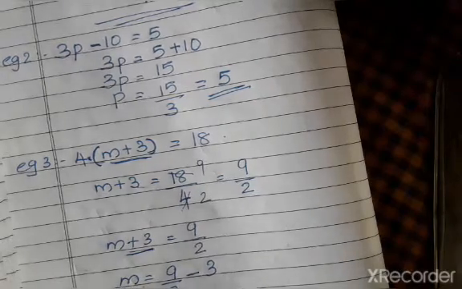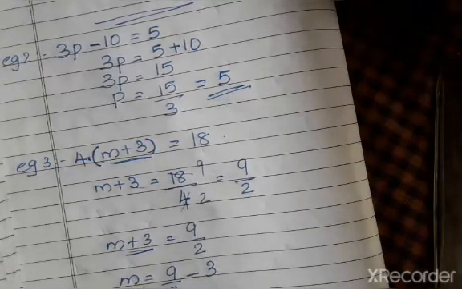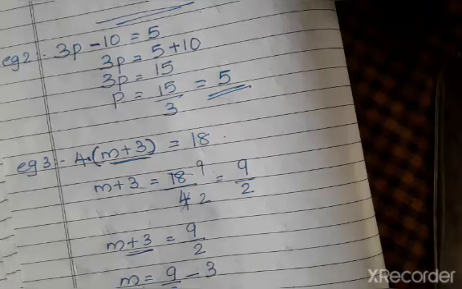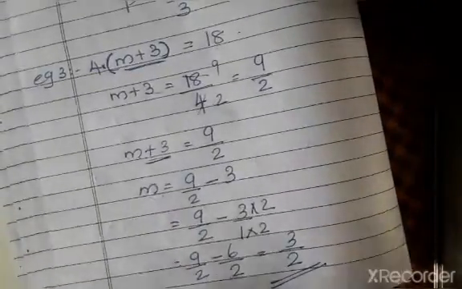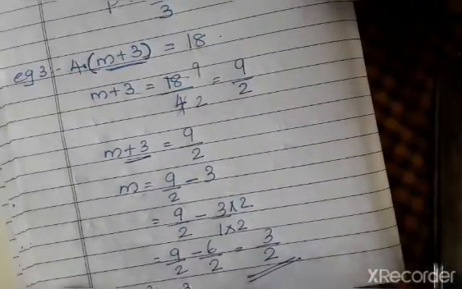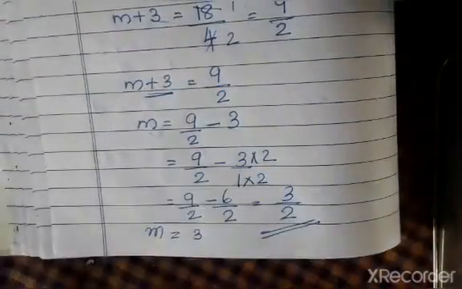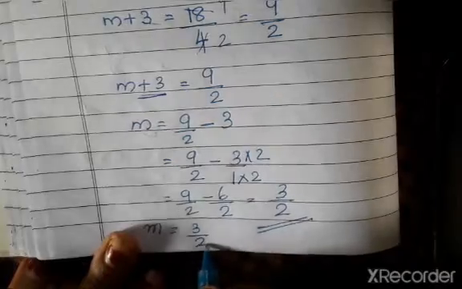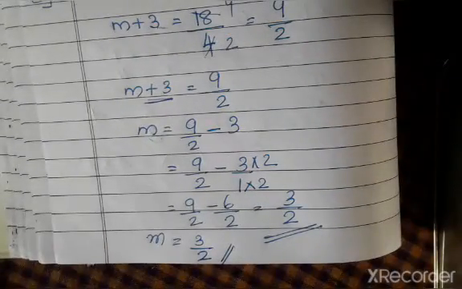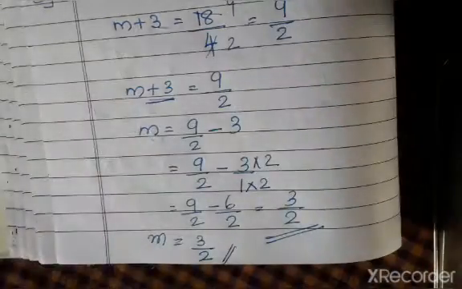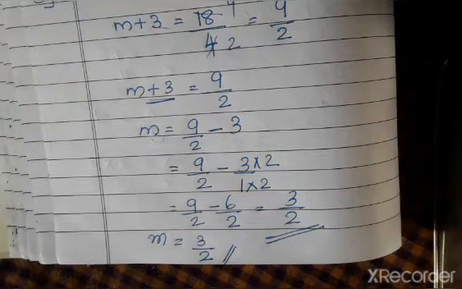That is 3 by 2 will be the answer for m. So m is equal to 3 by 2. Okay, children, is it clear? This way you can solve equations.